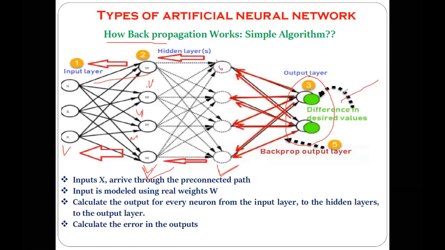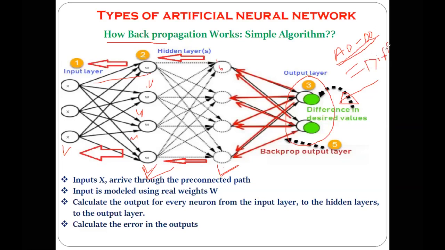Now you can see that when output signals are generated, they are compared. What is being compared? The actual output generated is compared with the desired output. You are getting it? Whatever difference is generated here is considered as an error.